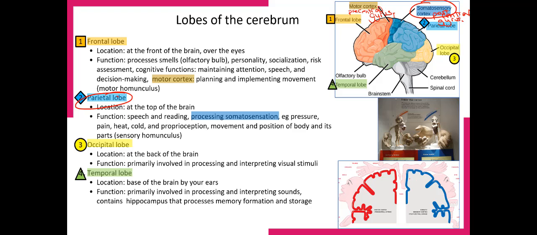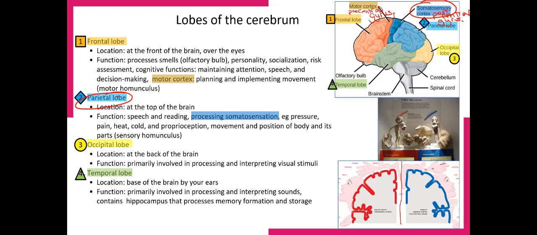of your body. So if you look at the picture down below over here, you can see that it receives information from different parts of the body. This is called the sensory homunculus, and basically it's a visual representation of how much sensation each of these body parts receive, or how sensitive it is.